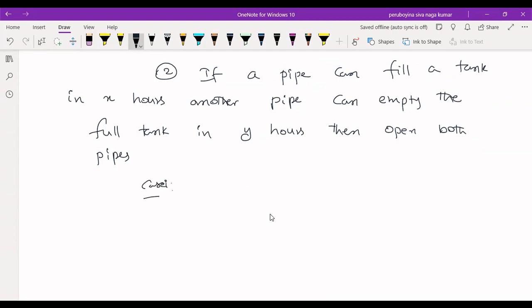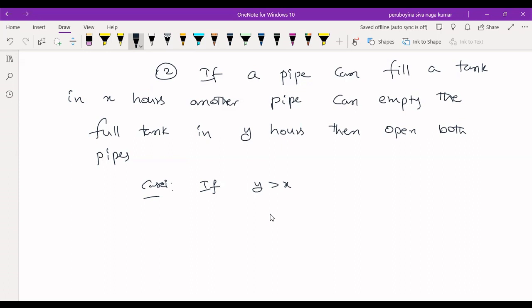Case 1: if Y is greater than X. Y greater than X means the Y value is more than X. That means the filling pipe will take less time than the empty pipe.